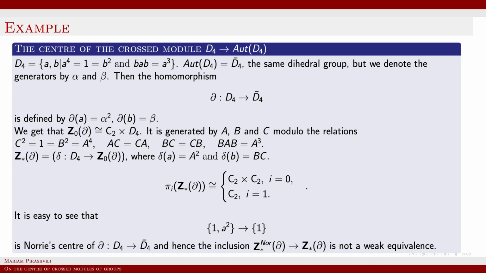The center according to my definition would be this, where the first component is the group and the second component is that group, C2 times C2, and the homological groups here would be Z2 and Z2 squared, whereas Norrie's center is a much smaller object.